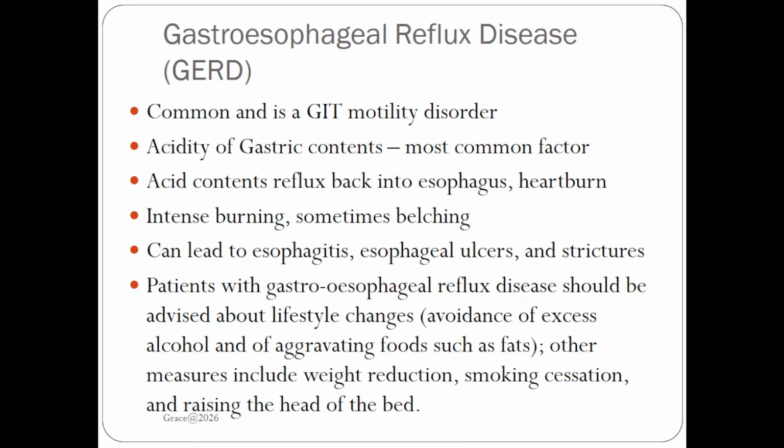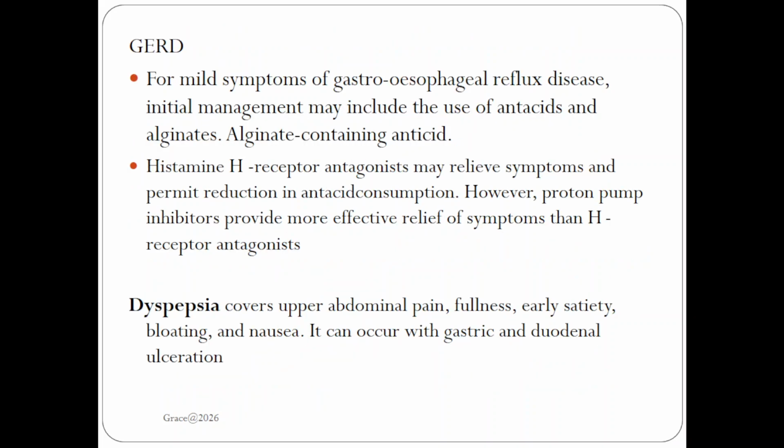Then there should be raising of the head of the bed, like making sure the person sleeps with a pillow raised, or their bed can be raised. We know that hospital beds are always adjustable.